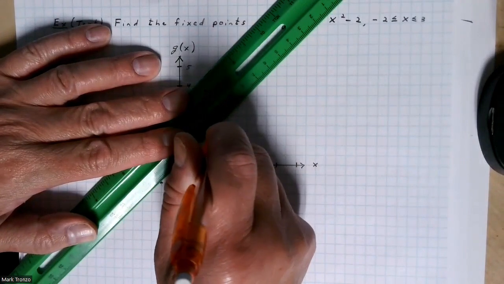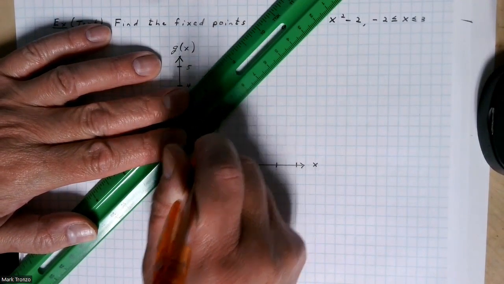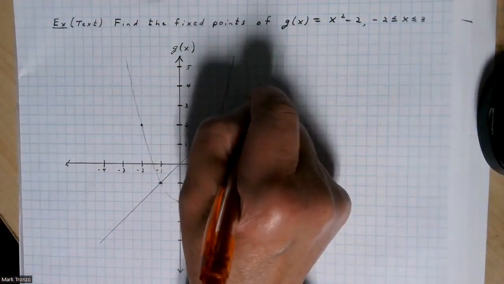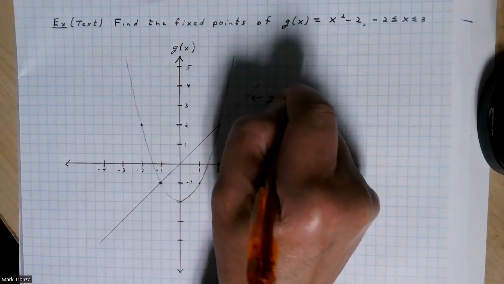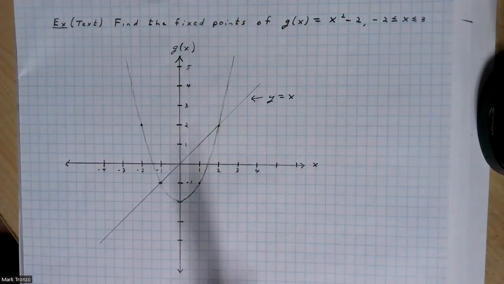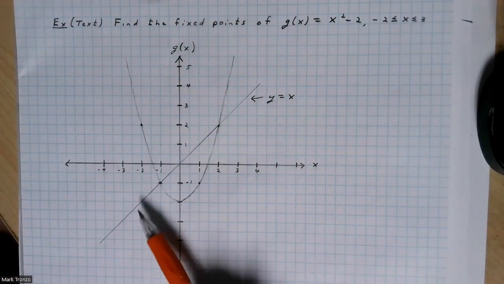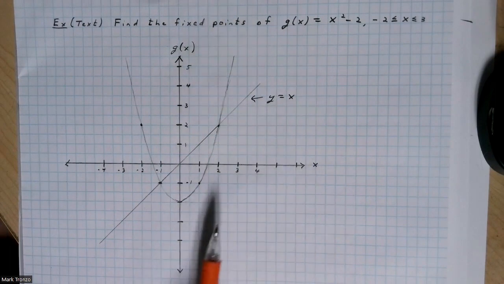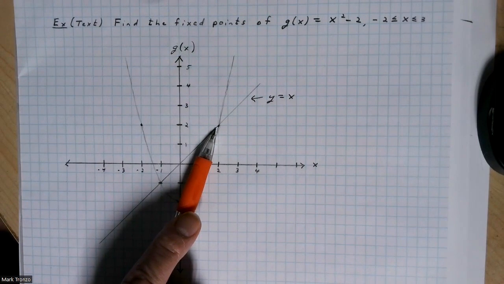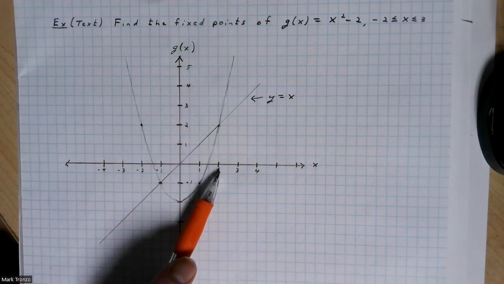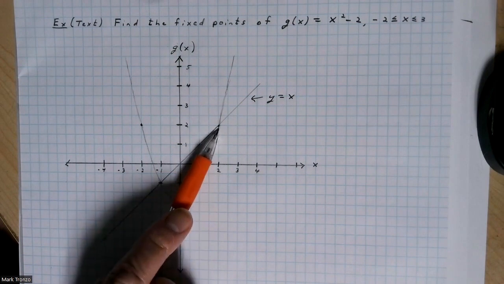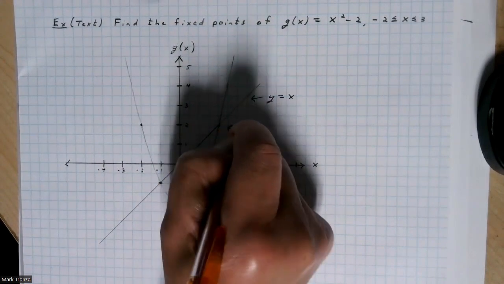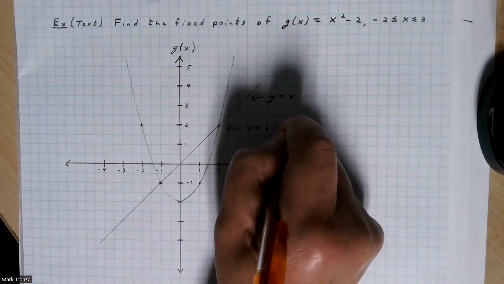And so if we draw the line y equals x, let's say it's like this, then any point of our function that crosses this line y equals x is going to be a fixed point. So you can see over here, this is a fixed point, and you can just double check that here we're putting in 2 and getting out 2. So x equals 2 is a fixed point.